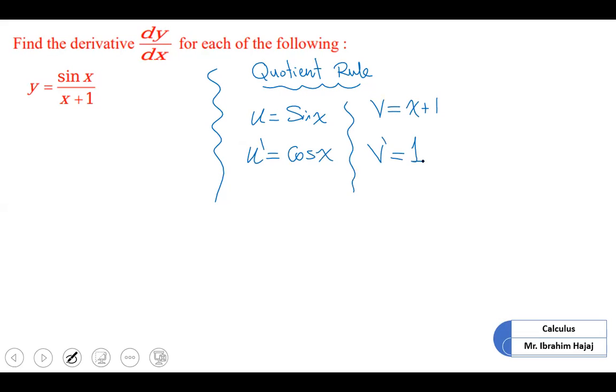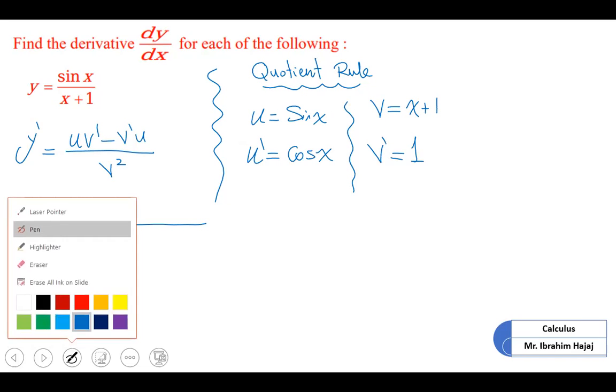And then if you remember, guys, the quotient rule states that y prime, or dy over dx, is equal to u prime v minus v prime u, all over v squared.